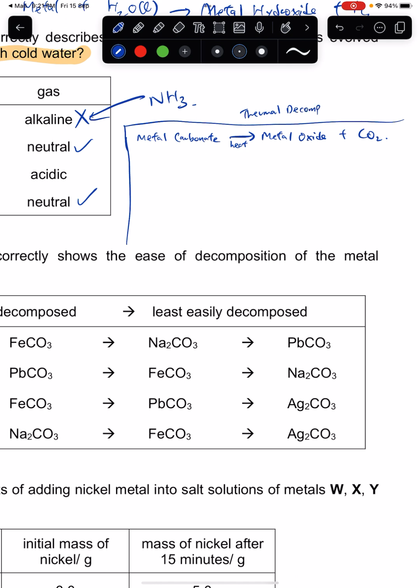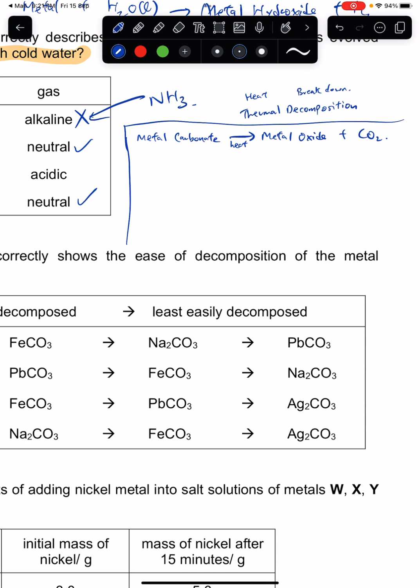Okay, don't be scared. Thermal means heat, isn't it? So it's using heat to break down. Thermal decomposition. You need to know this equation and write equations for them.